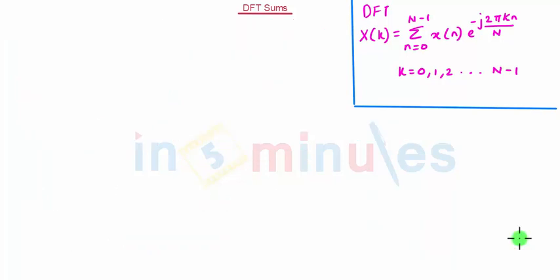For k is equal to 2, X of 2 is equal to summation n is equal to 0 to 5, x of n e raised to minus j 2 pi n by 3. We will expand this.